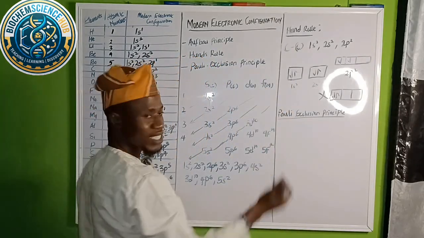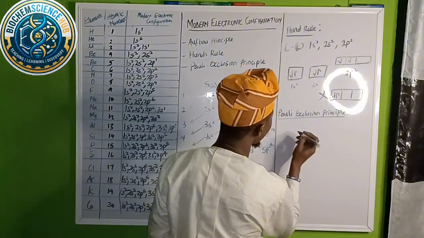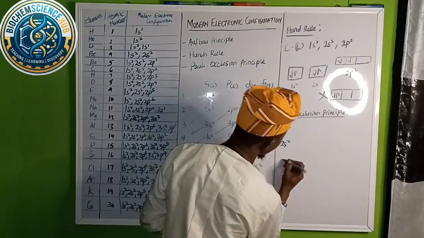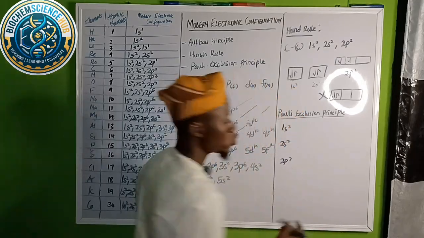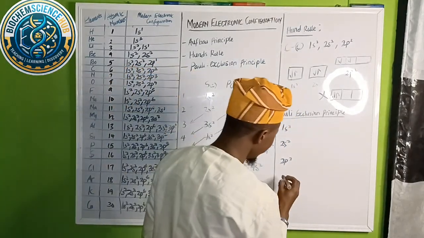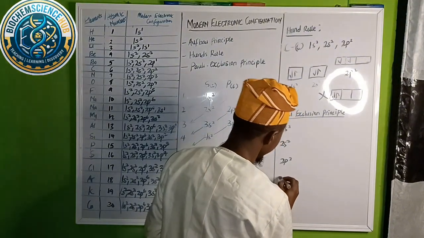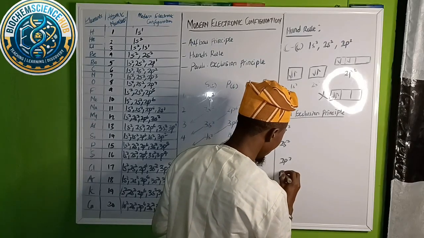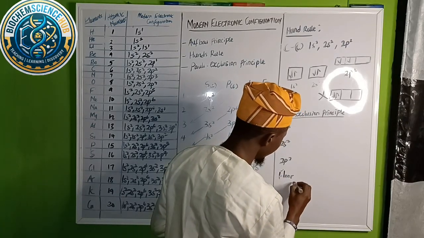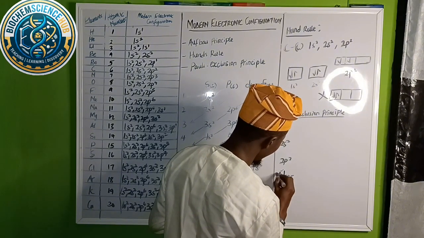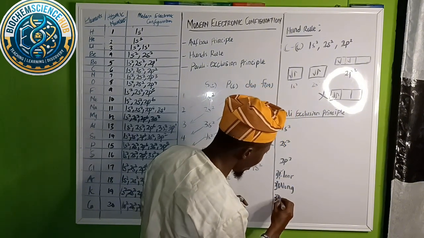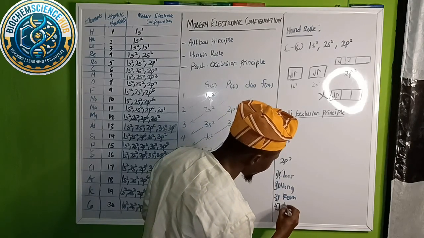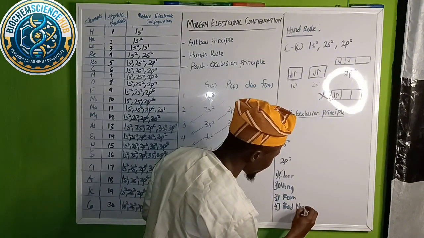So let's use carbon as the case study for that too. So we have carbon, we have 1s2, 2s2, 2p2. So using that, don't forget I said we have floor, we have what? Wing, that's 2, and the 3 we have room, and 4 we have what? Bed number.